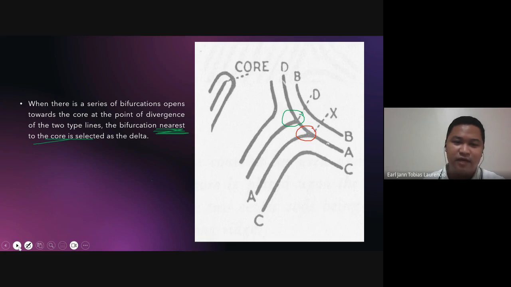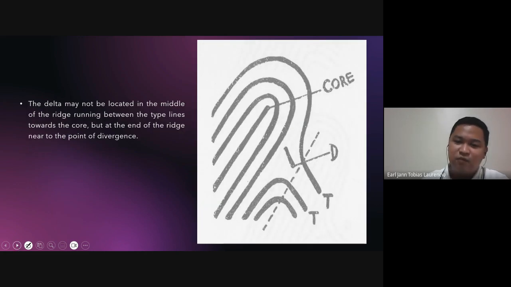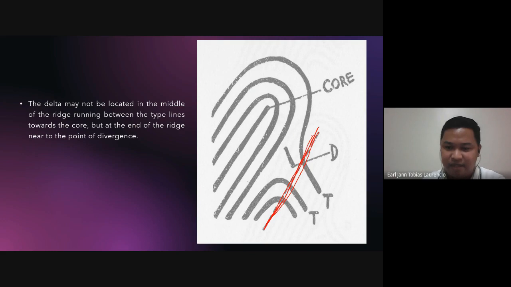Let's move forward. Now, what if, just like on this example, at the point of divergence, this is the point of divergence, the one that I am lining with red, there is no ridge that is located there. However, there is a ridge near the point of divergence.